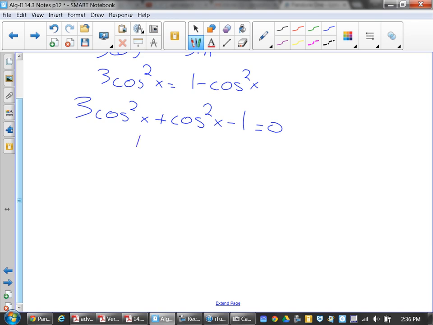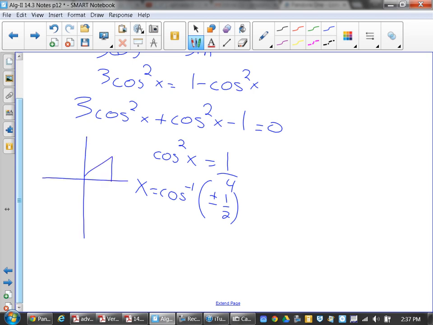Cosine squared. And then what do you do? Take the square root. So what angle has a cosine value of plus or minus 1/2? Cosine value of 1 over 2, so that's got to be my 60. So it's pi over 3.